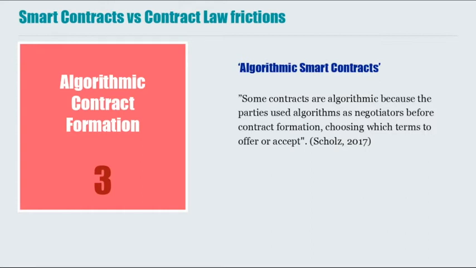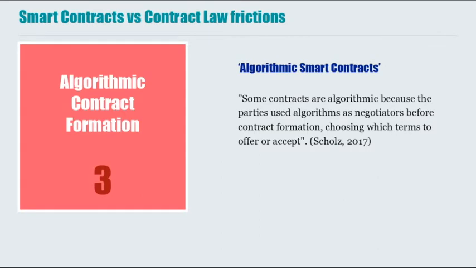As I have said before, the algorithms intervene in the execution part of the smart contracts, making it automatic, but they can also intervene in the formation phase of the contracts, replacing the meeting of the minds. And therefore, what I've done in my paper is analyze how the requirements for a contract to be legally binding fit in this scenario.